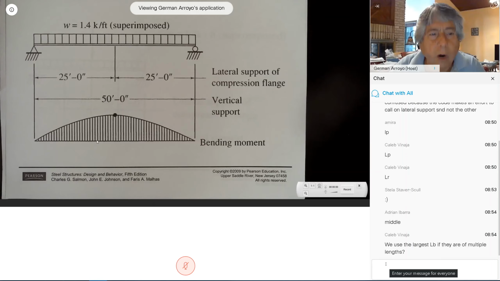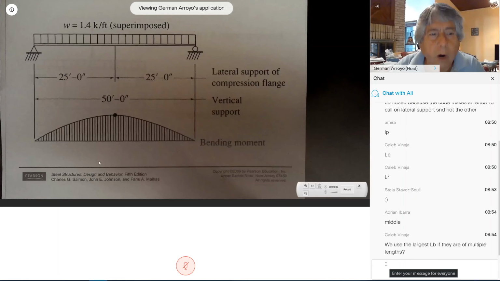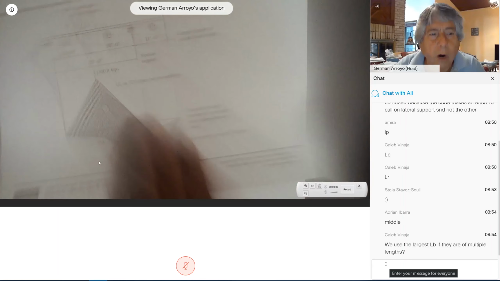So to compute C sub B, the lateral torsional buckling modification factor, we're going to divide this in 1/4, 1/2, and 3/4: M sub A, M sub B, M sub C. Based on this, C sub B is going to be larger than 1. We're going to see that later. This is a very common exam problem.